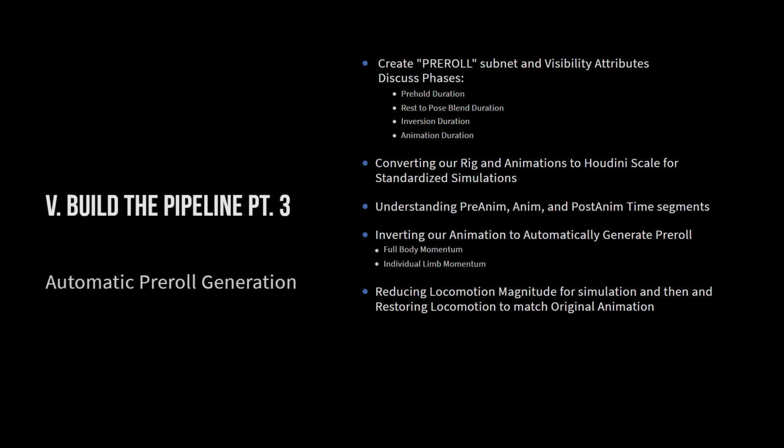Let's say that that's too intense for our simulation. What we can do is reduce the 100-yard distance down to 10 yards, so it's 10 yards over 10 seconds. Then we can simulate at that speed and at that distance. And after the simulation is done, we can re-inject that locomotion so he's actually running the full 100 yards.